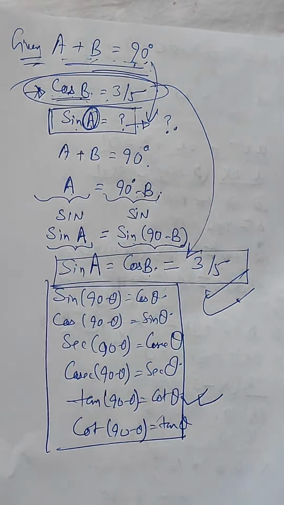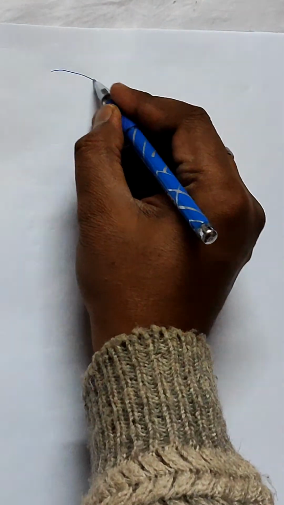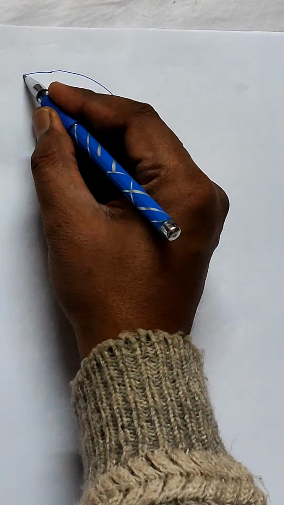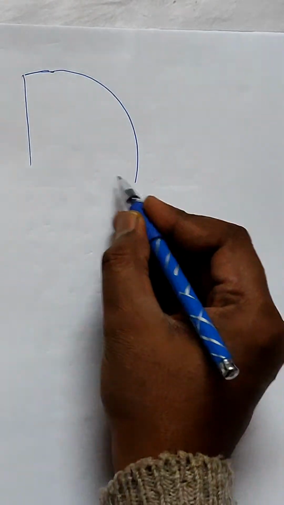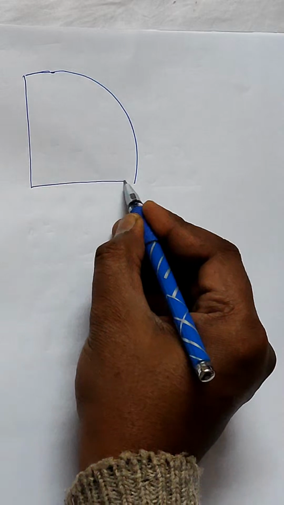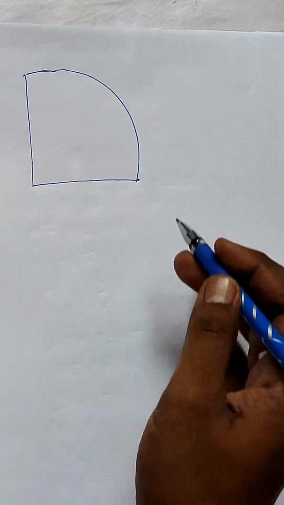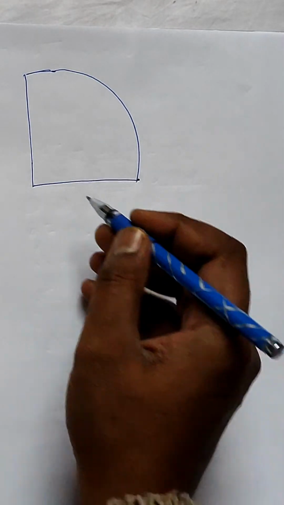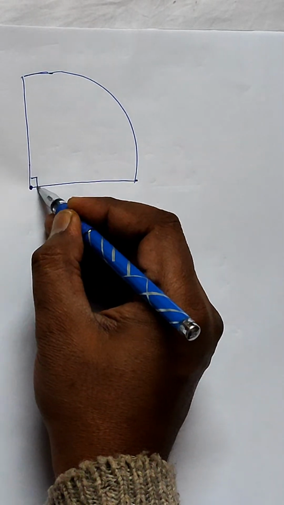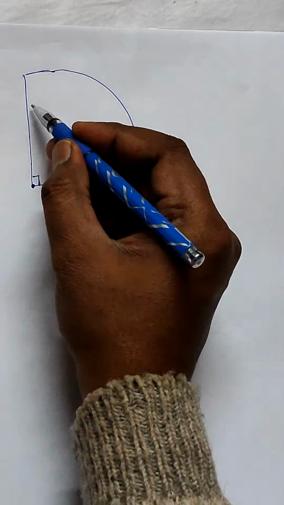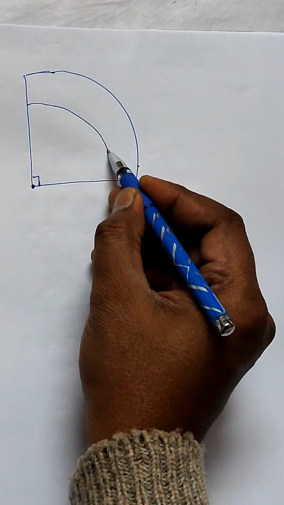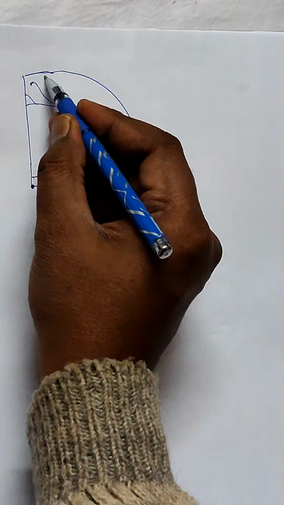So let's do one thing. Let's solve a question of mensuration where a flower bed is given and we need to calculate the area of the flower bed. This is just in the form of a sector. You can see there is a sector. What is a sector? A sector is a portion of the circle from the center. So this is 90 degrees and this is the flower bed.